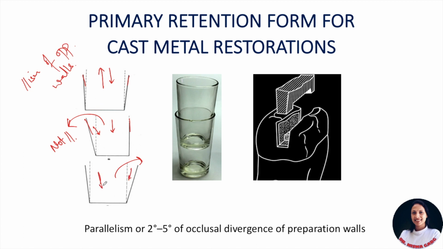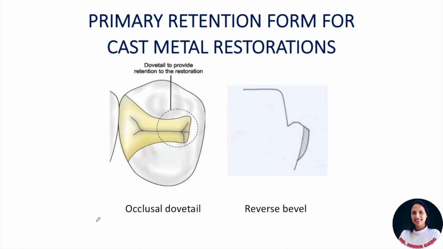You can correlate it with a daily life example: one glass fits into another when both have parallel surfaces. A similar rule applies to cast metal restorations, where the prepared casting fits into the prepared tooth surface.